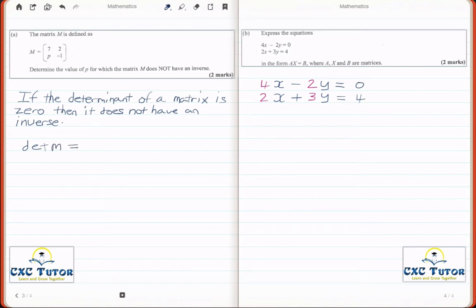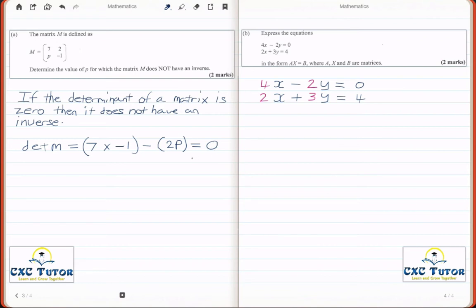So the determinant of M is equal to, you take the diagonal, so that will be 7 times minus 1, that is this diagonal here, and you subtract from it the other diagonal, which is p times 2, so minus 2p, and this is supposed to be equal to 0.